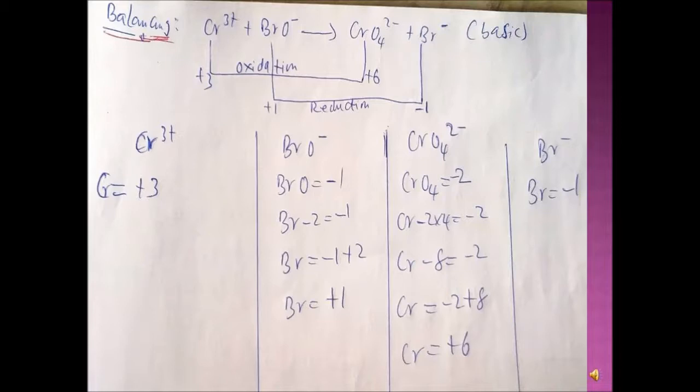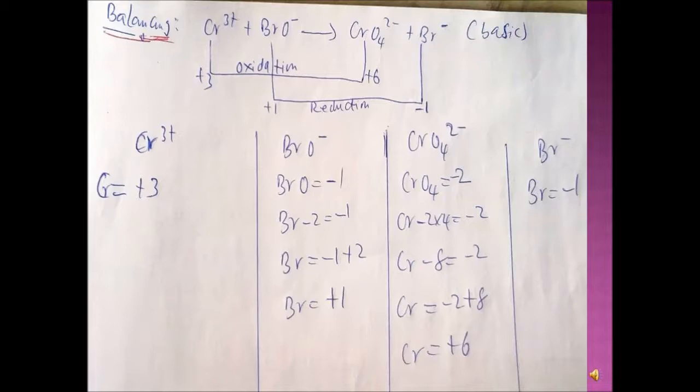So now our first task is to identify which one is being reduced and which one is being oxidized. So using this, we have seen that chromium 3+ is +3, then tetraoxochromate 6 can also be calculated.